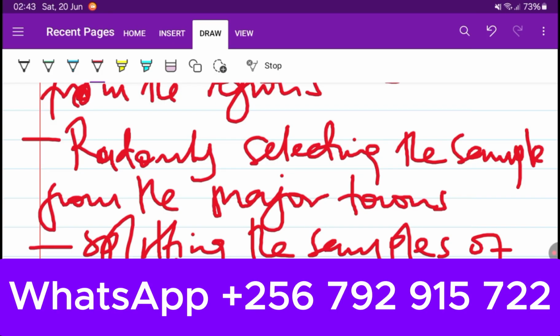Even within the cities that you have selected, they could be so big. Just imagine if you had picked maybe Kampala from the central. You can also divide Kampala into divisions or different zones. Maybe you take Kawempe division or Kawempe zone, then you take Nakawa, depending on those different divisions. Now it will be within those zones that you have formed that you will pick the final samples.